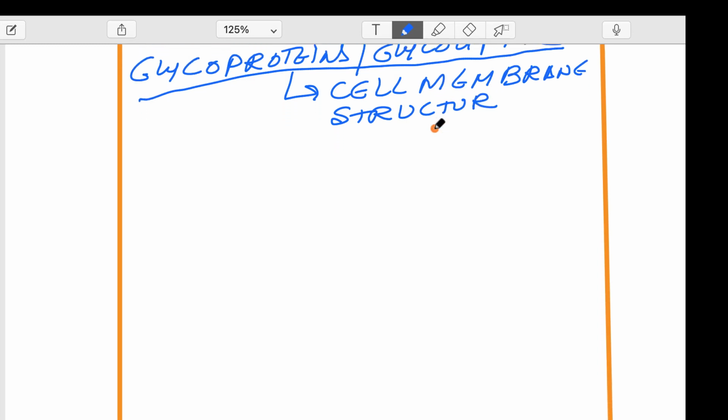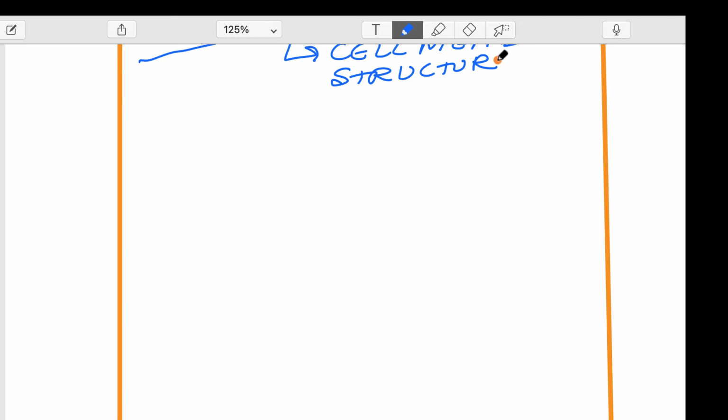Then the next one is proteoglycans. Proteoglycans have a very important role.